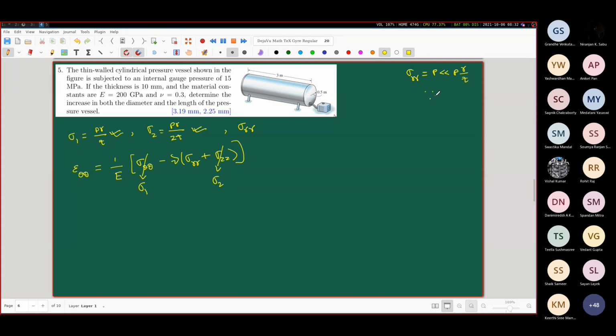Since R by T is much larger than 1. Which is why in practical calculations, we take this sigma RR to be equal to 0.